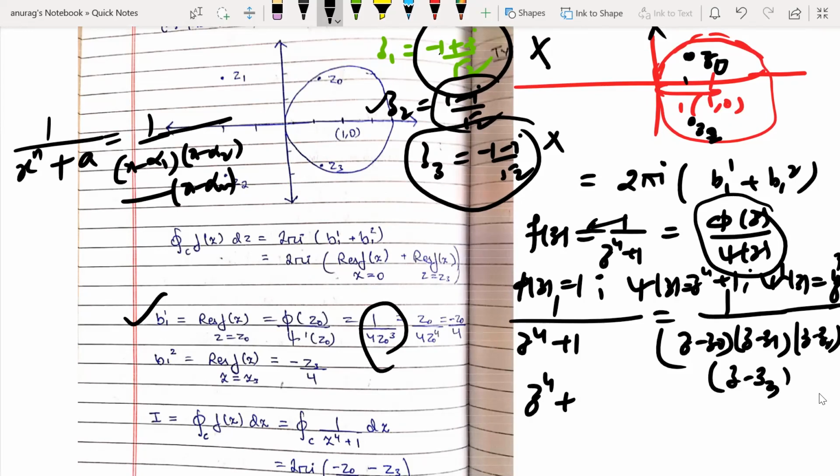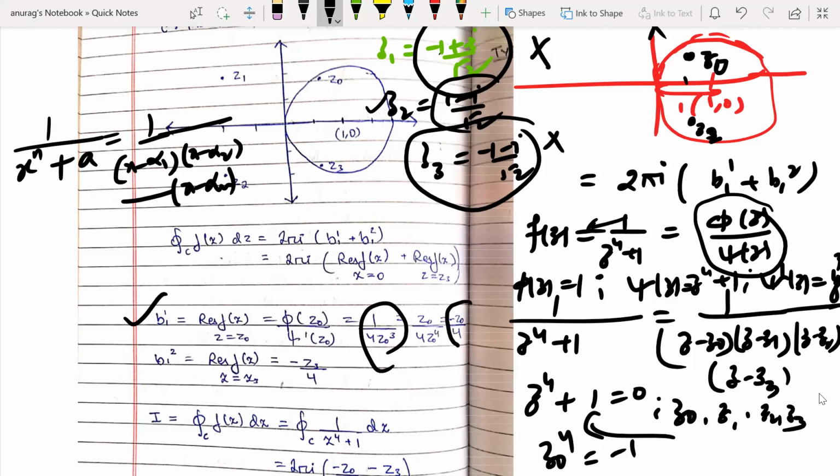And we know that z to the power 4 plus 1 is 0, and its roots are z0, z1, z2, z3. So all the roots will satisfy it. It means z0 to the power 4 equal to minus 1. So the first residue is minus z0 by 4. And similarly, if you find it at z equal to z2, it is minus z2 by 4 also.